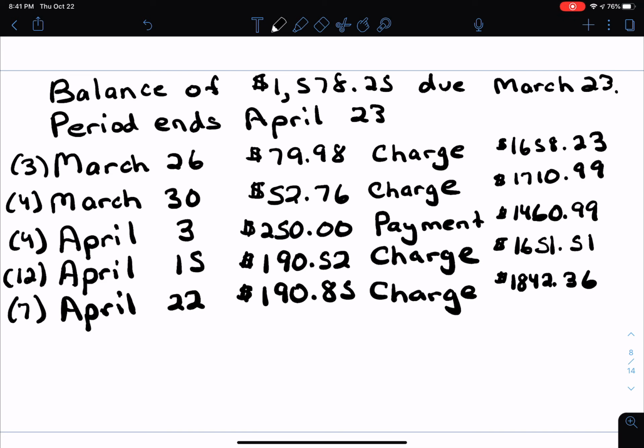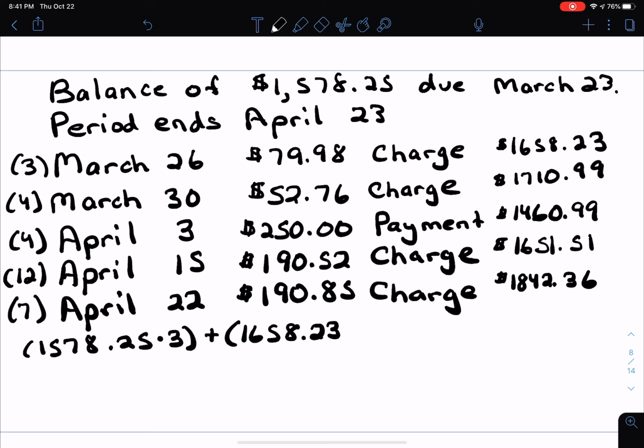All right, so starting out again, it was 1578.25, and we carried that for 3 days. Then it was the 1658.23. We carried that for 4 days. Then it was the 1710.99, and we carried that for 4 days. And it was the 1460.99.